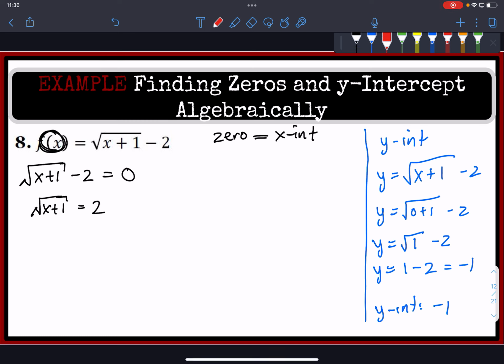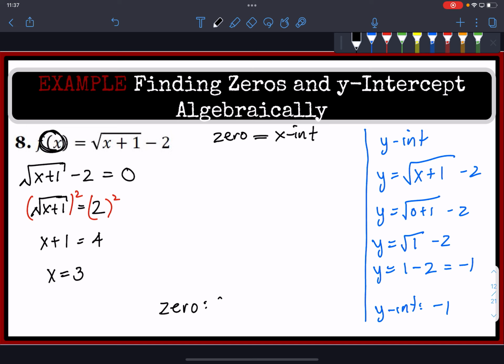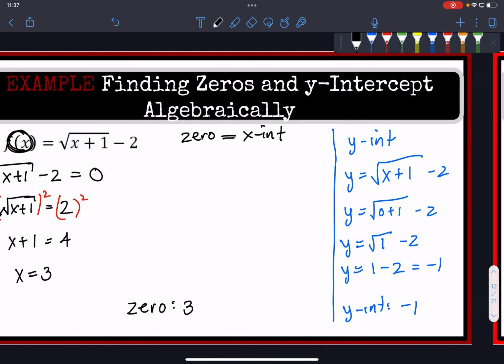And that way we can then solve this by raising this to the second power. That will get rid of the square root, and we're left with x plus 1 is equal to 4. Subtracting 1 from both sides, x then equals 3. So this is the 0 of this function, and we only cross the x-axis at one location, at 3.